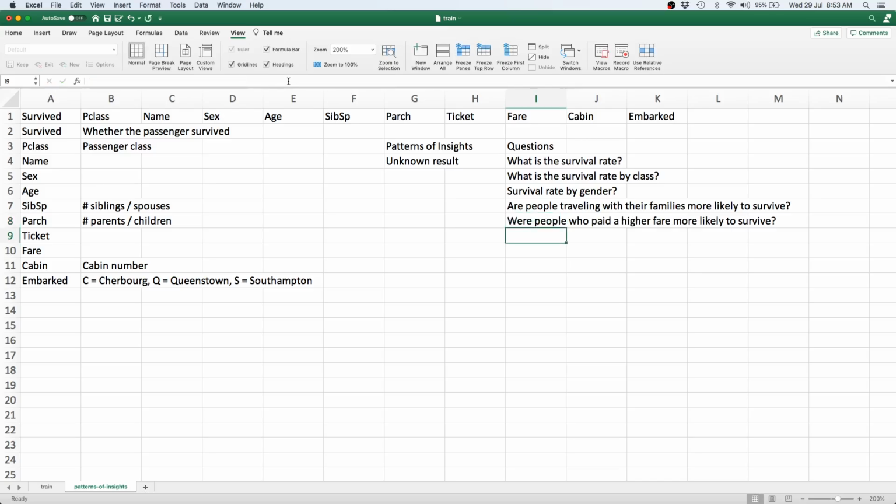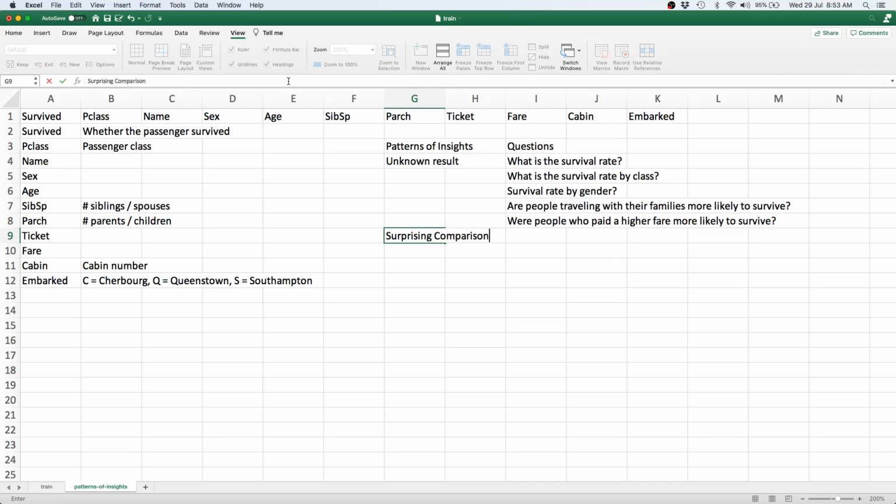So let's find that out as well. So those are broadly the kind of questions that we can come up with when we think of unknown results as a pattern of insights. The next pattern of insight that we know of is called surprising comparison.